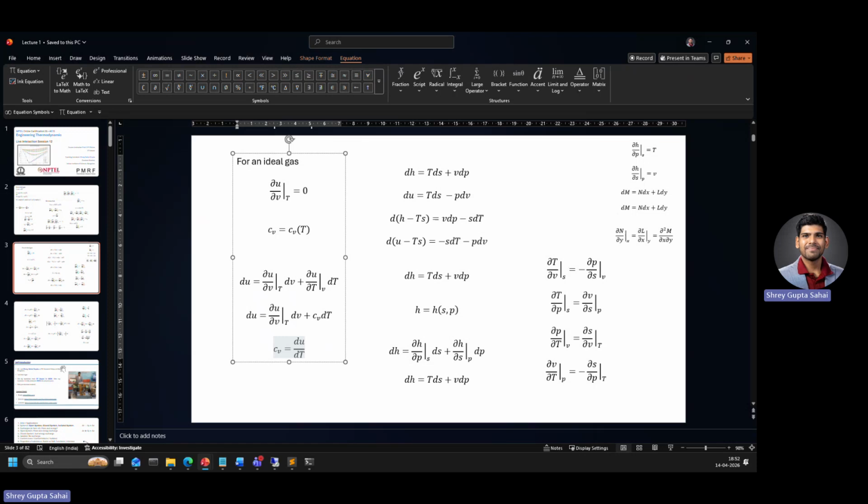It cannot depend on anything else, because U is not dependent on P and V separately, and so its derivative with temperature should also behave like that. So that's how you show CV and CP are also functions of only T.